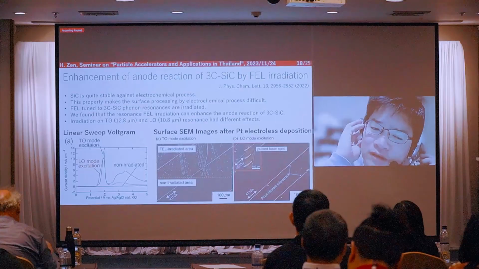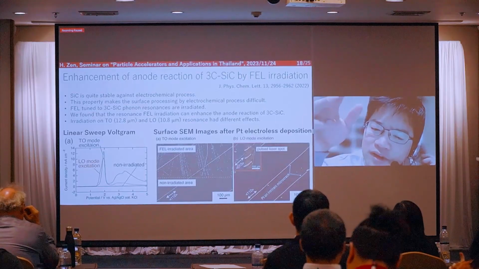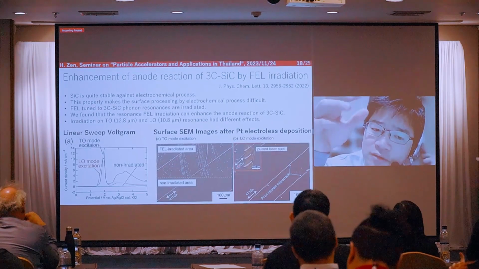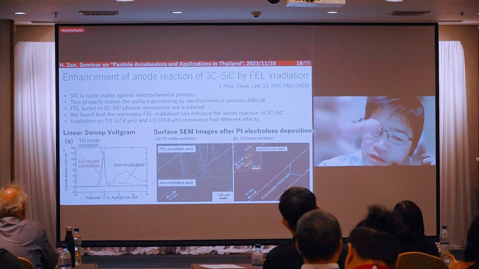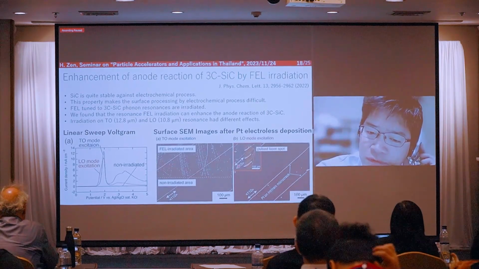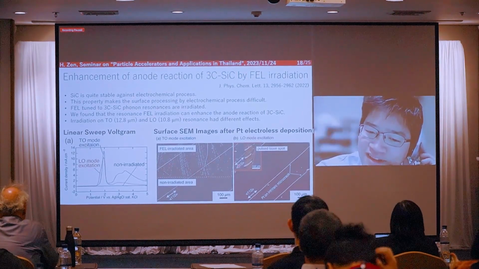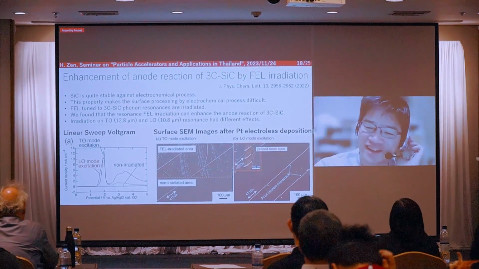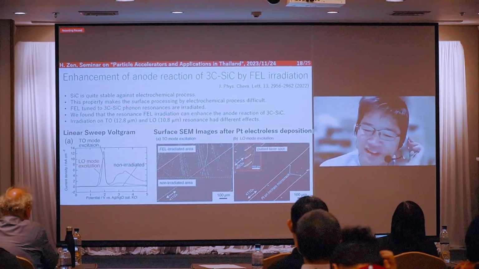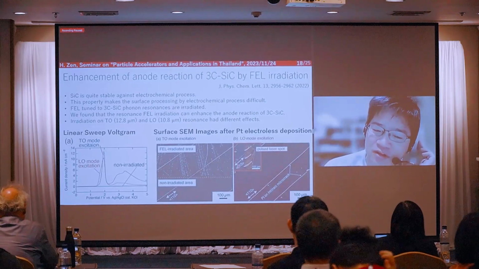We did the FEL irradiation at our facility, but the user took it back to their lab. One day after, or I don't know how long they kept it without electrochemical processing, but at least on the order of a day.